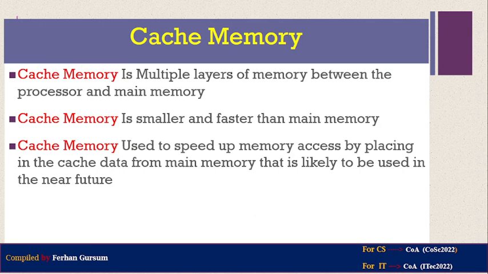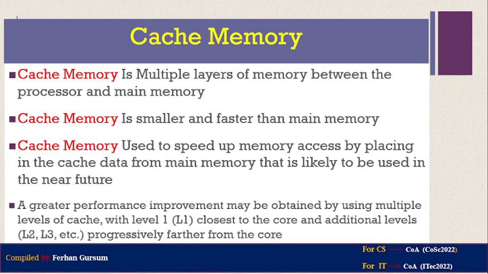Cache memory is used to speed up memory access by placing in the cache data from main memory that is likely to be used in the near future. It holds what the user is likely to use and serves between the memory and the processor, okay?